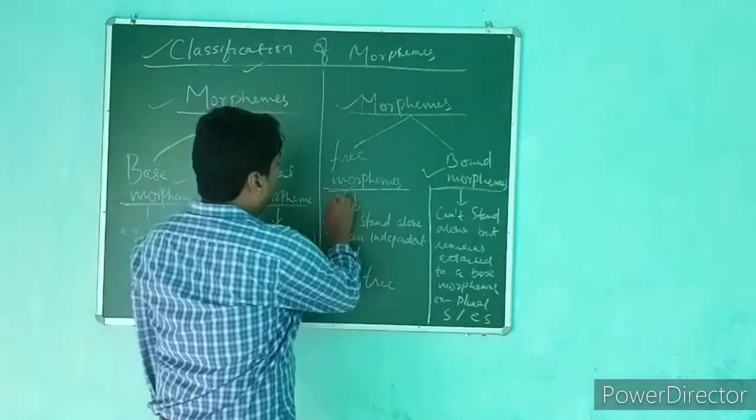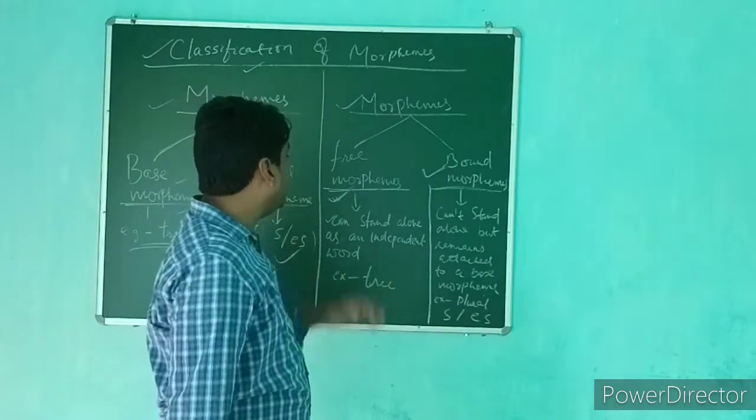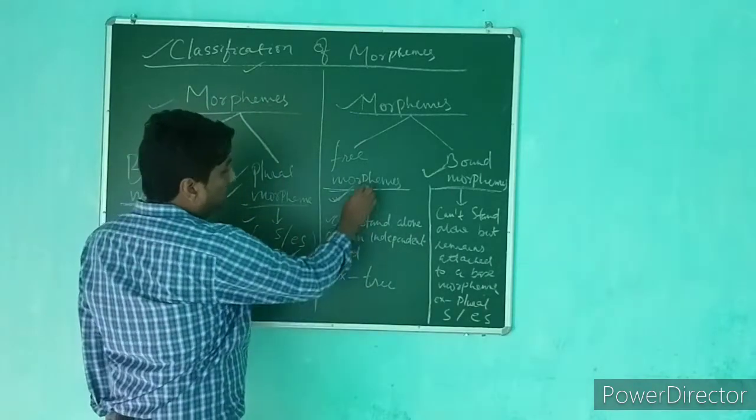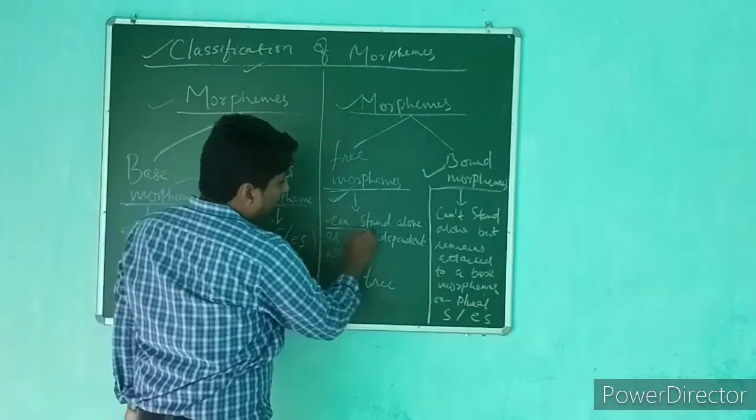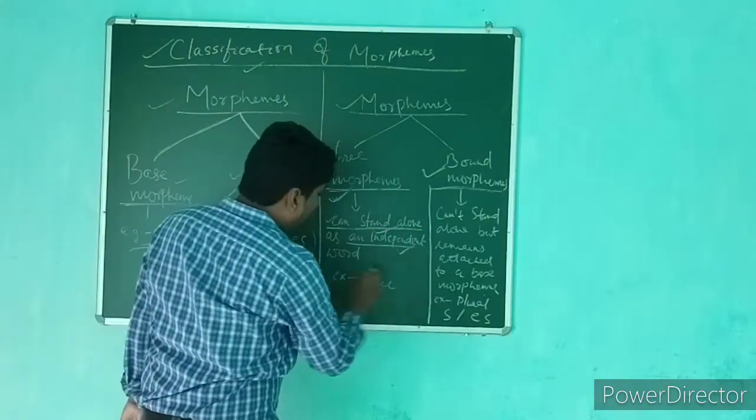The first one is free morphemes and the other one is bound morphemes. And what does this imply? This implies that free morphemes are those morphemes which can stand alone as an independent word.